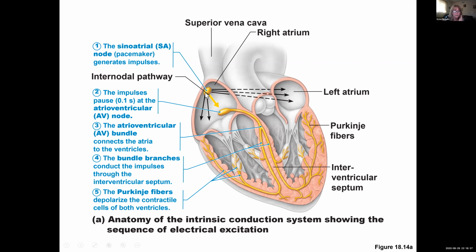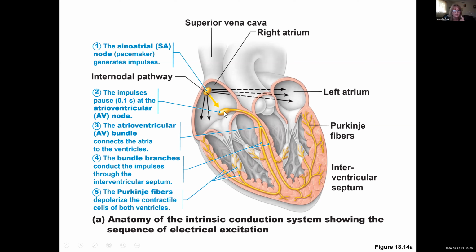But what is shown here in yellow, and I don't like this picture very much because students are confused because they put these yellow lines and it looks like nerves. But those are not nerves. Those are autorhythmic cells.